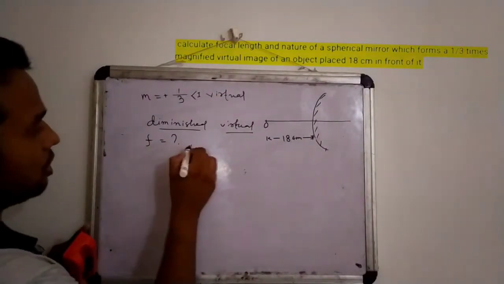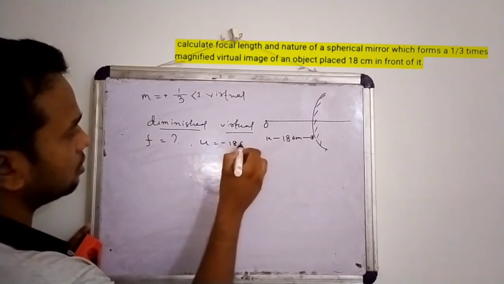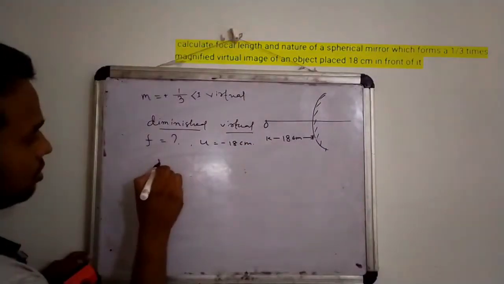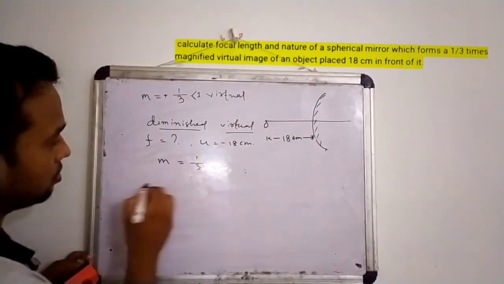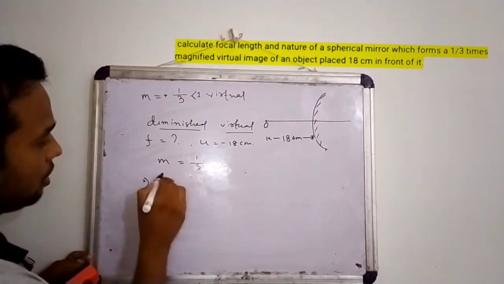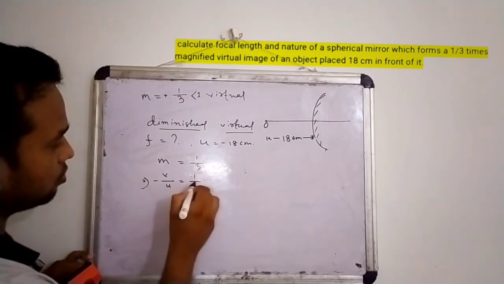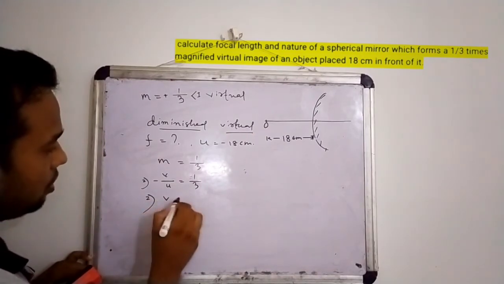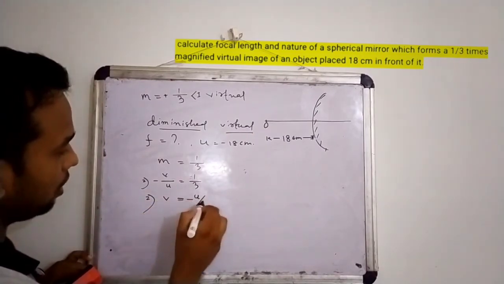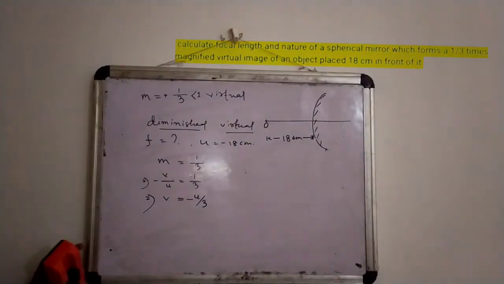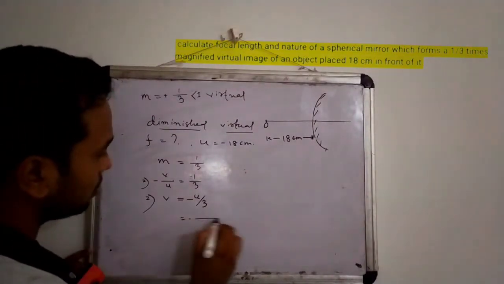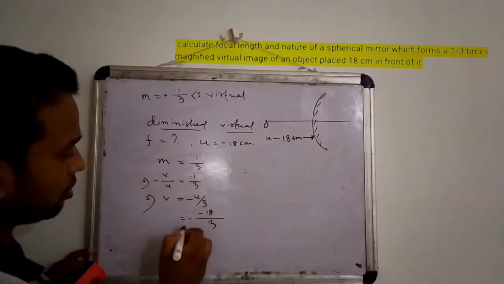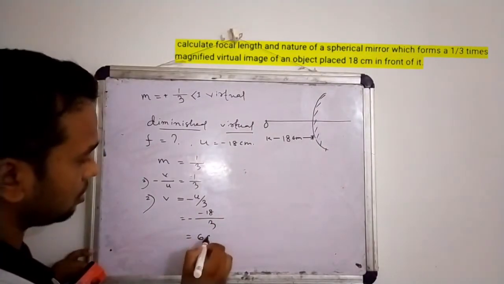So here u is minus 18 cm. m equals 1 by 3, m equals minus v by u, which is equal to 1 by 3. Then v will be equal to minus u by 3. So here u is minus 18, so minus 18 by 3, the negative will be cancelled. 18 by 3 is 6 cm.